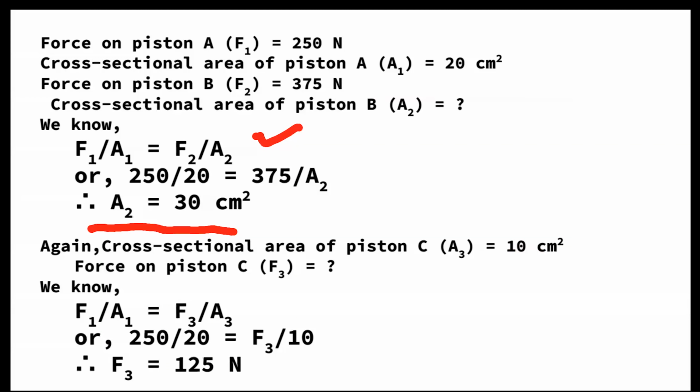Once we know this equation, the ratio of area equals the ratio of force, or let's say the formula of Pascal's law, we can easily find either area or force. In this question we were asked to find area, so we found the area of piston B, which is A2, as 30 centimeter square.